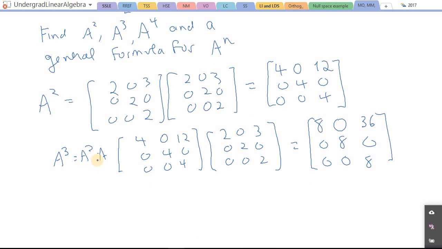We could do A to the fourth as A squared times A squared, or as A cubed times A. I'm going to do A to the fourth as A cubed times A, just to follow a regular pattern. So that's going to be equal to 8, 0, 36, 0, 8, 0, 0, 0, 8.